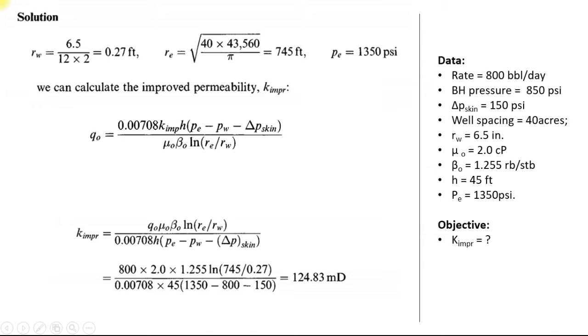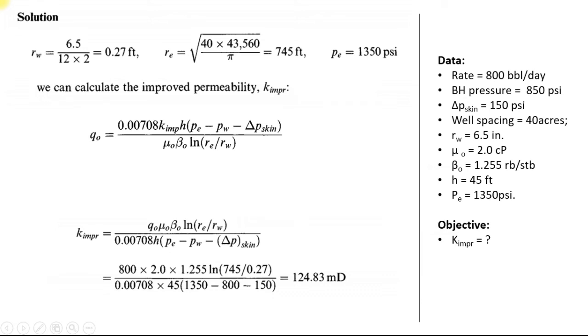Now we calculate the improved permeability. We will use this equation as we discussed earlier in the previous slide. We just rearrange everything and this is the new formula for improved permeability. We will put all the values here.